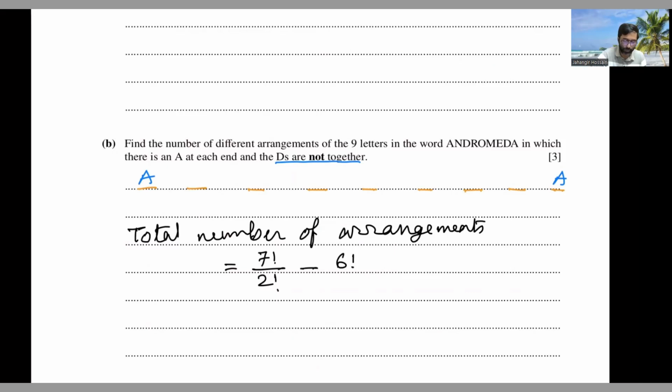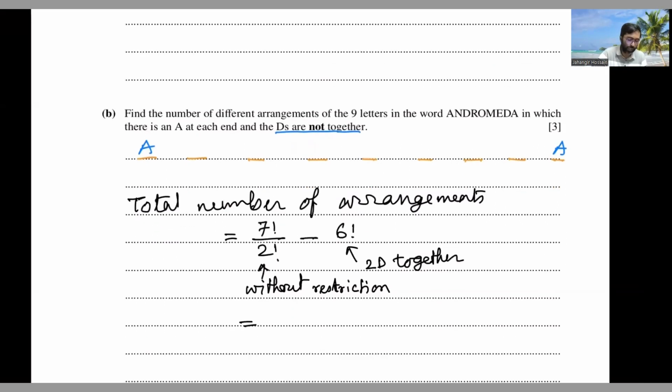So that is with the D's together. If we subtract this from the total without restriction, we get the total number of different arrangements in which the 2 A's are at each end and the 2 D's are not together. And this number is equal to 1800.